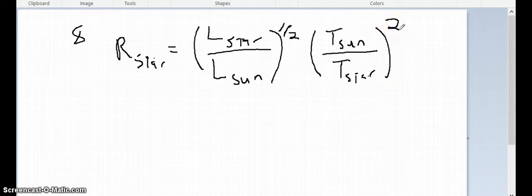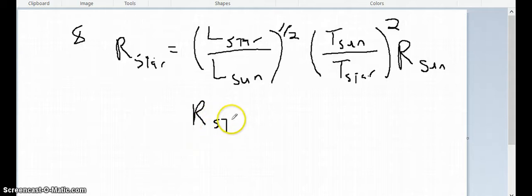These two things come out to be just a number, and then you multiply that times the radius of our sun. So usually answers look like this: R star will equal some number times the radius of our sun.